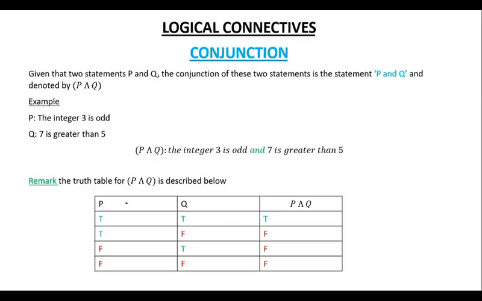Let's continue. Now we want to look at logical connectives. The first one we want to look at is conjunction. So what is conjunction? Now let's have a look at this statement.